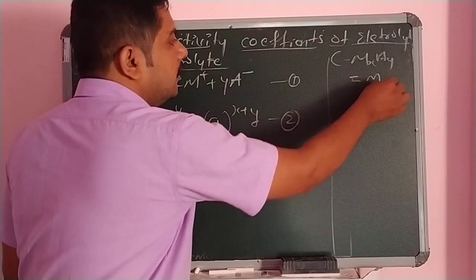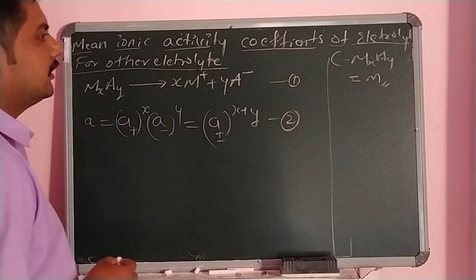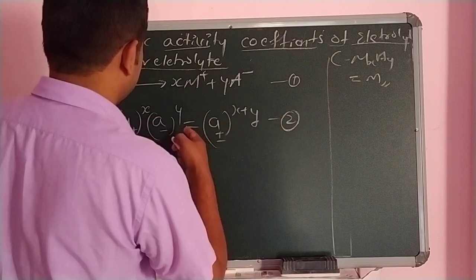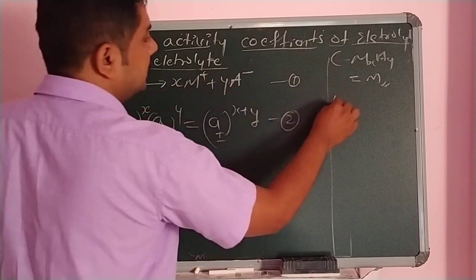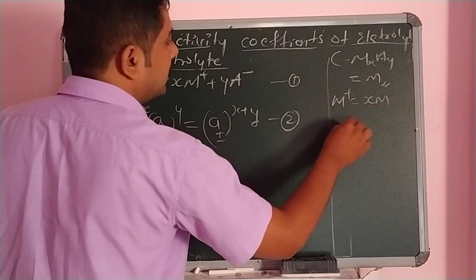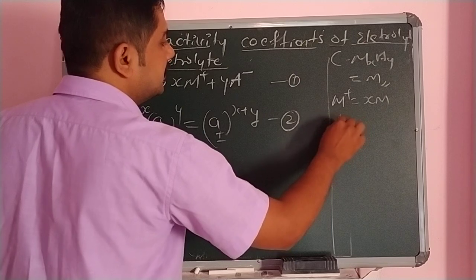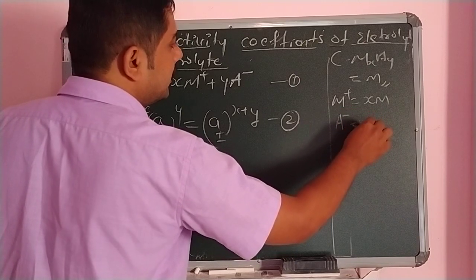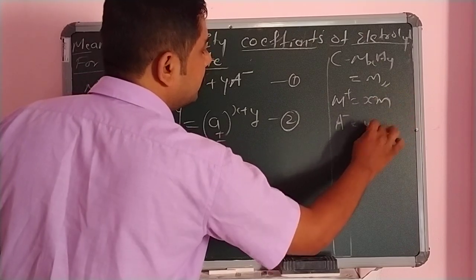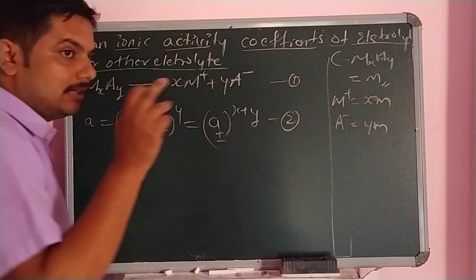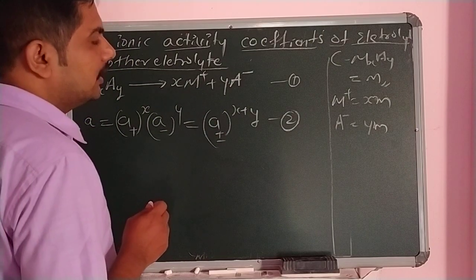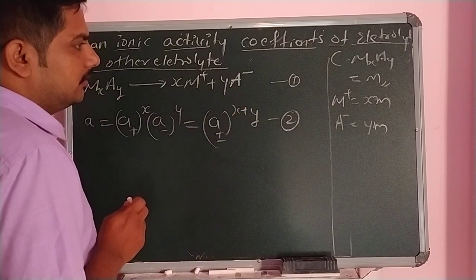So the concentration of the species obtained: M plus is equal to x m, and for the negative species A minus it is y m. In this case this is small m. Remember, this is small m, the molality, in terms of concentration.